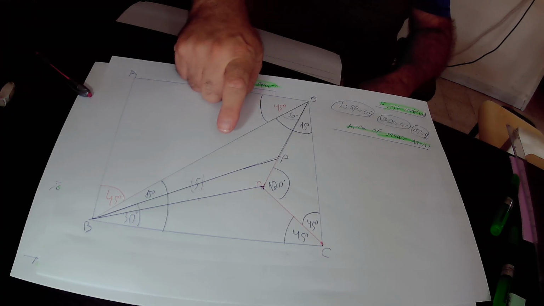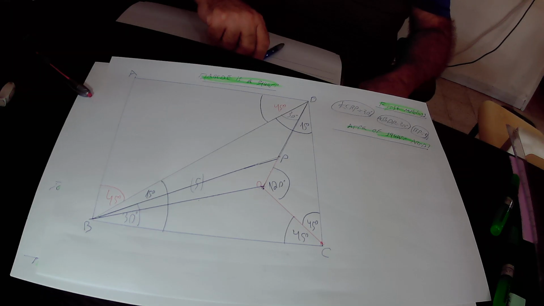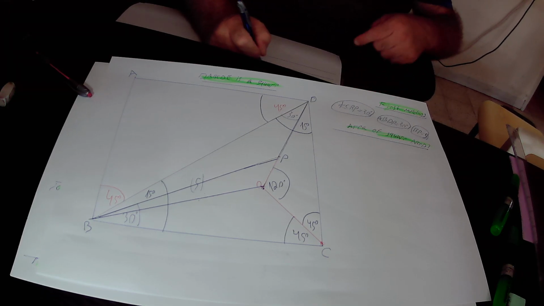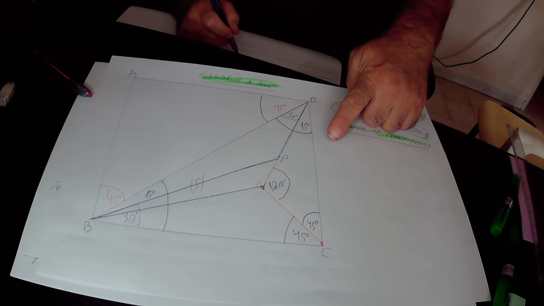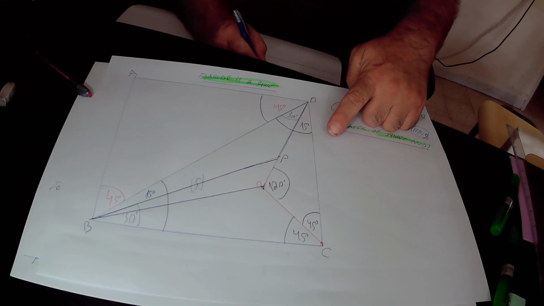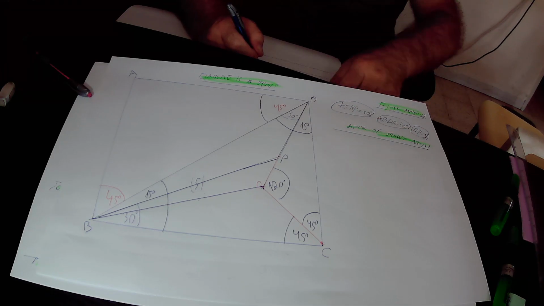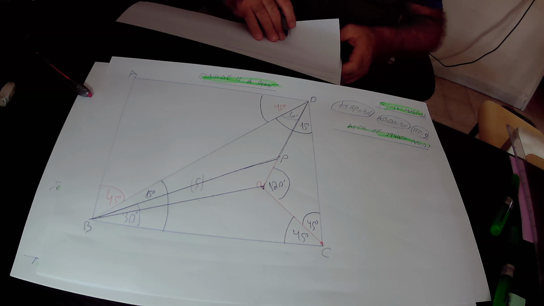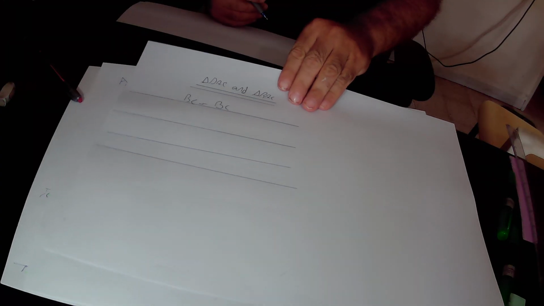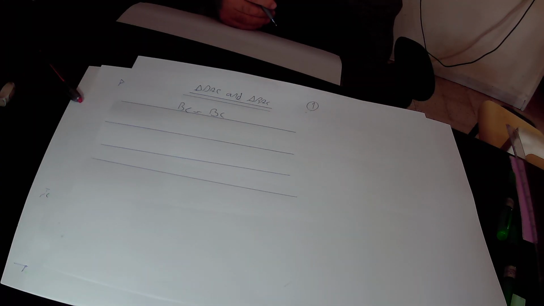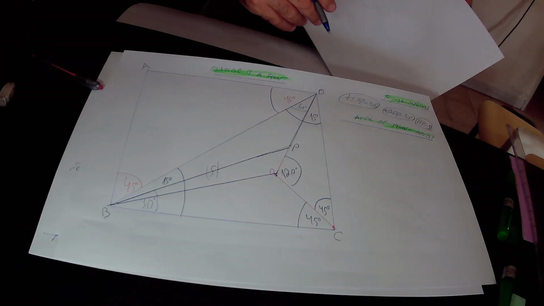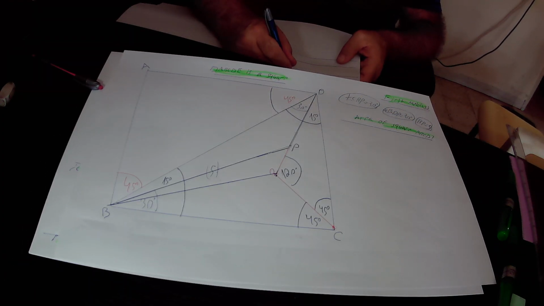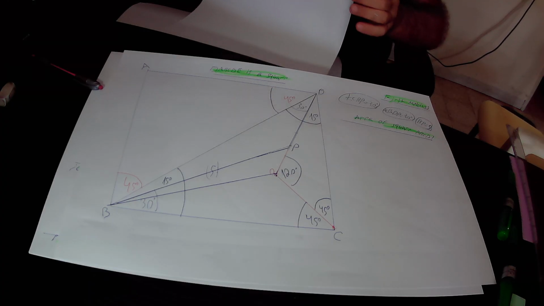So side BC of triangle BQC is equal to side DC of triangle DQC.